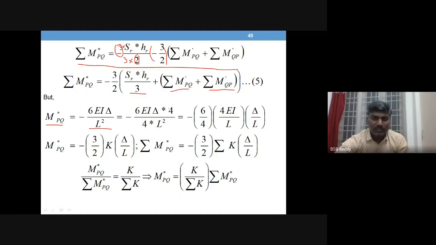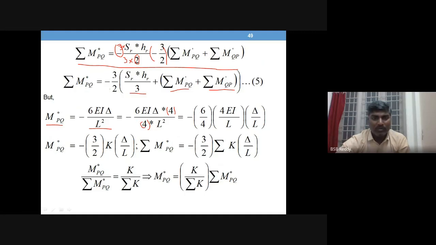So for the expression to have minus 3 by 2, let us take 4 included in this expression, 4 divided by 4. So minus 6 by 2 will become minus 3 by 2.